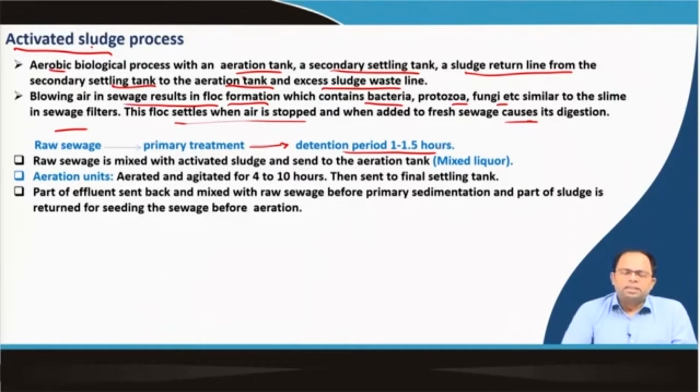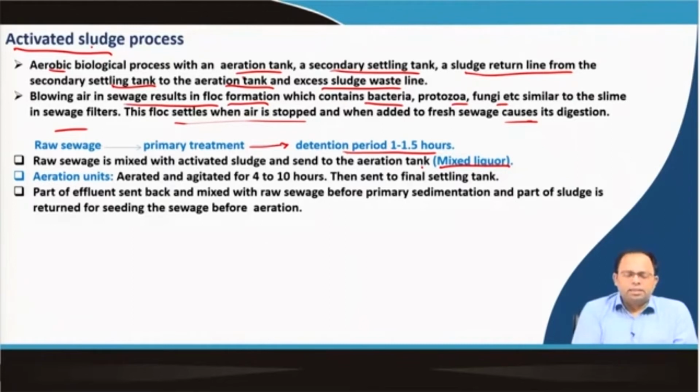So, that means in the aeration chambers, after primary treatment, the sewage is retained for around 1 to 1.5 hours, and raw sewage is mixed with activated sludge and sent to the aeration tank. So, some amount of raw sewage is mixed before the aeration process starts, and this is known as mixed liquor, this mixture of sludge as well as the raw sewage.